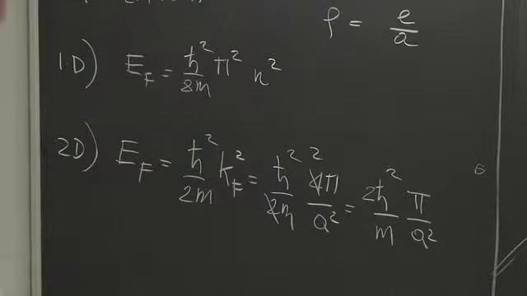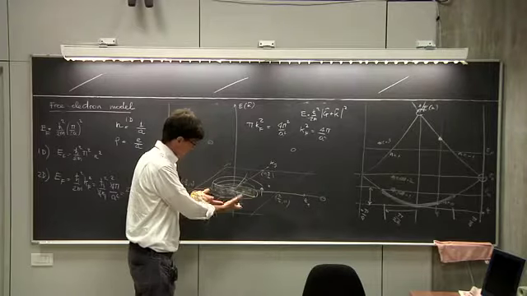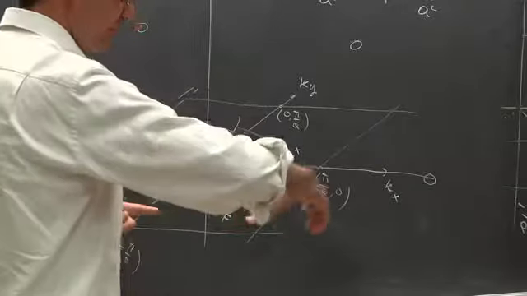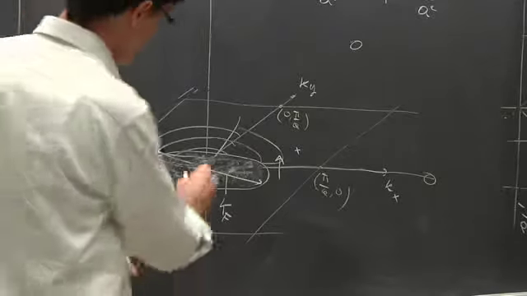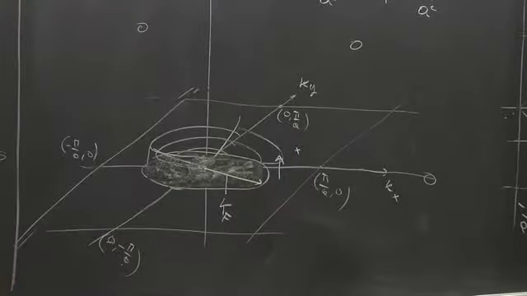Is this clear to everyone? We have to fill this parabola, right? So we increase the energy, and by increasing the energy, we are going to occupy a circle that is larger and larger and larger. As soon as we occupy all the points in this parabola, we are going to expand the circle.